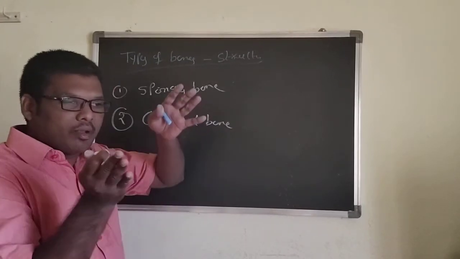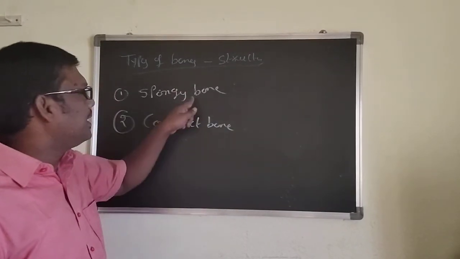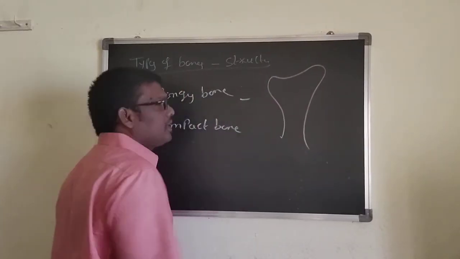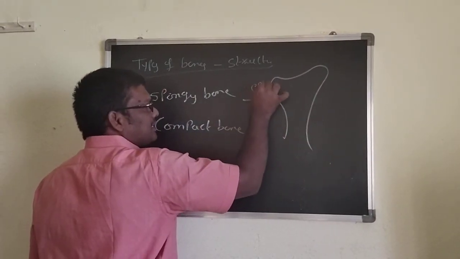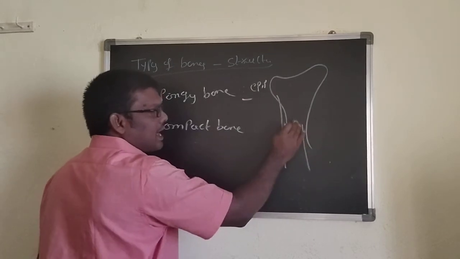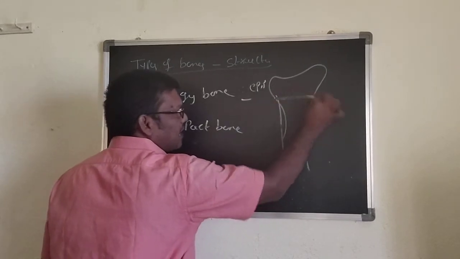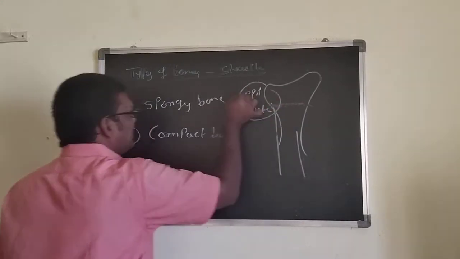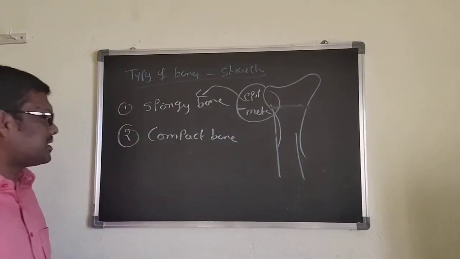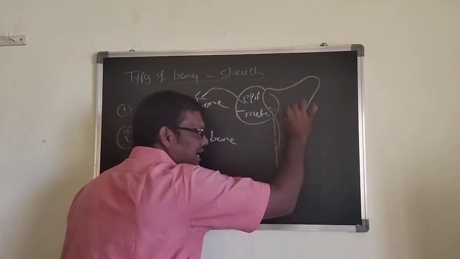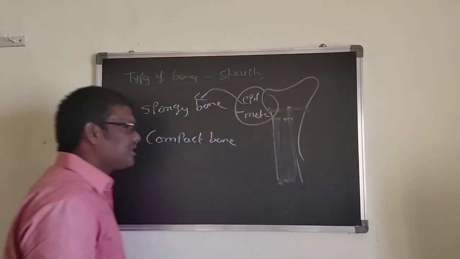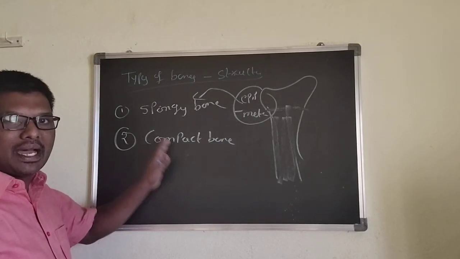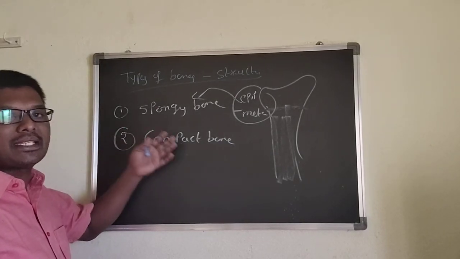In compact bone, the matrix is compactly arranged. Here this is the epiphysis, this is the diaphysis, and this one is the metaphysis. In the epiphysis and metaphysis, spongy bone is present. The diaphysis consists of compact bone. Tomorrow's class we will discuss the internal structure of bones.